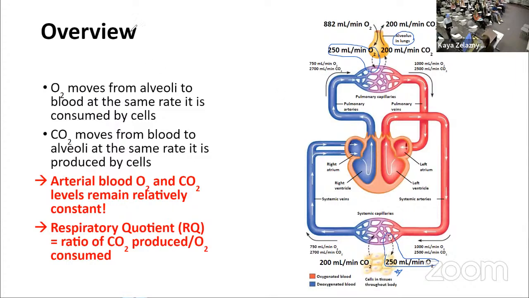Same deal with our carbon dioxide, our byproduct, our waste product of cellular respiration. Here we see we're producing it at 200 milliliters per minute down at the tissue. So we want to export that waste into the air in the alveoli when we do gas exchange in the lungs.